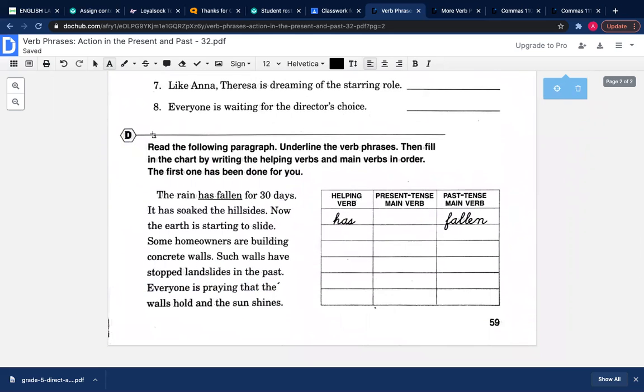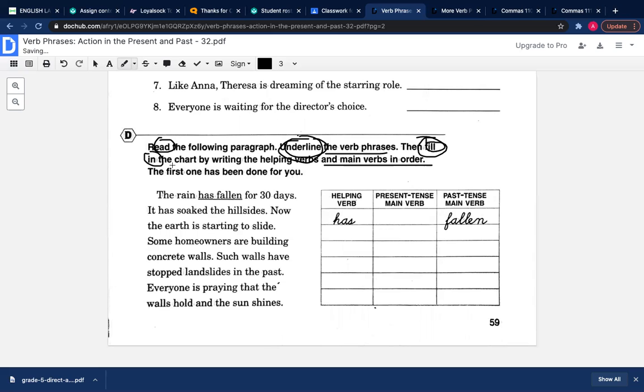In part D, our directions are to read the following paragraph, then underline the verb phrases, and then fill in the chart by writing the helping verbs and main verbs in order.